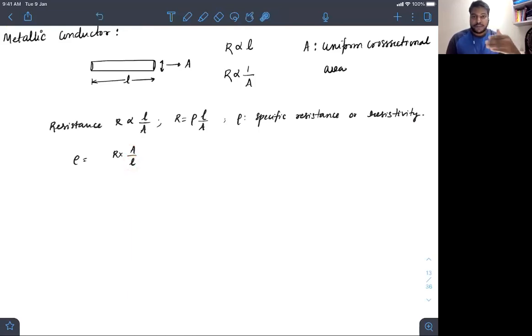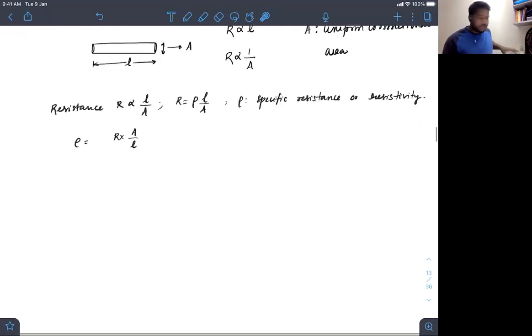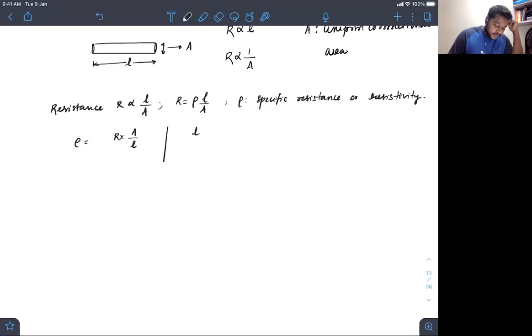The term specific is used when you have it for unit dimensions, so that is how we need to build up all the definitions in this segment.